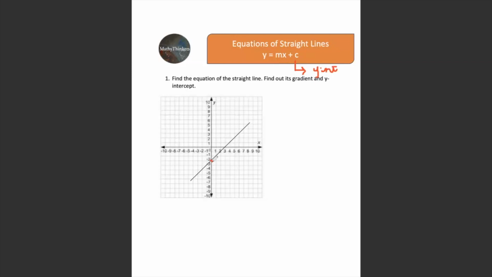That is called the y-intercept of this graph. Let's see what that value is. This is 0, minus 1, minus 2, minus 3. So that is minus 3. So in the first question, the value of c is minus 3.